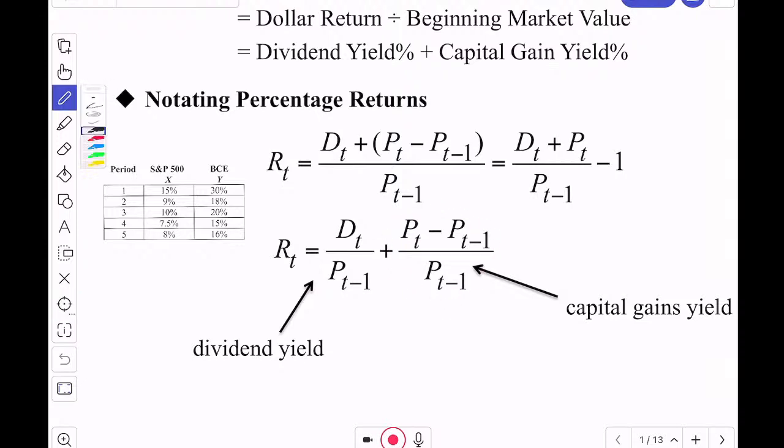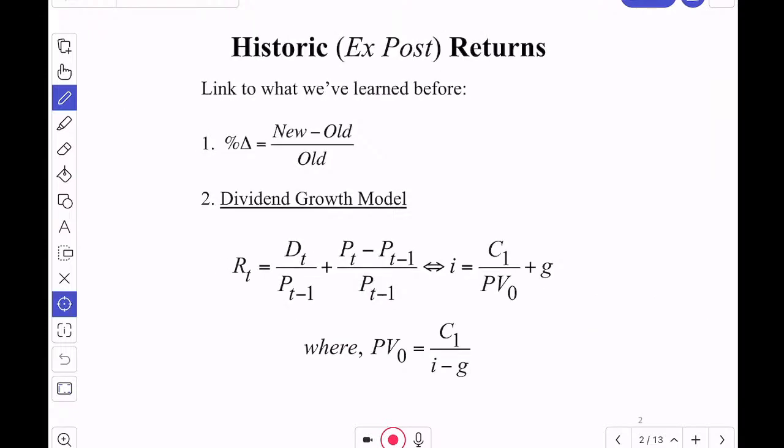In general, to calculate a rate of change, so percentage change, you take the new value minus the old value divided by the old value. You can say new or old to remember. That's how you calculate a percentage change.